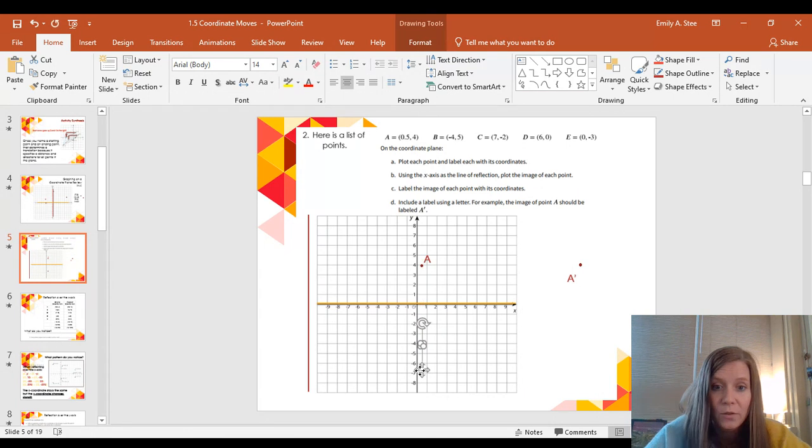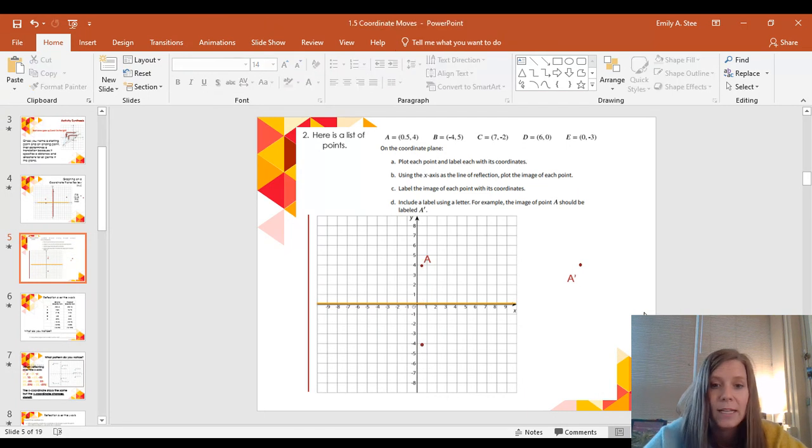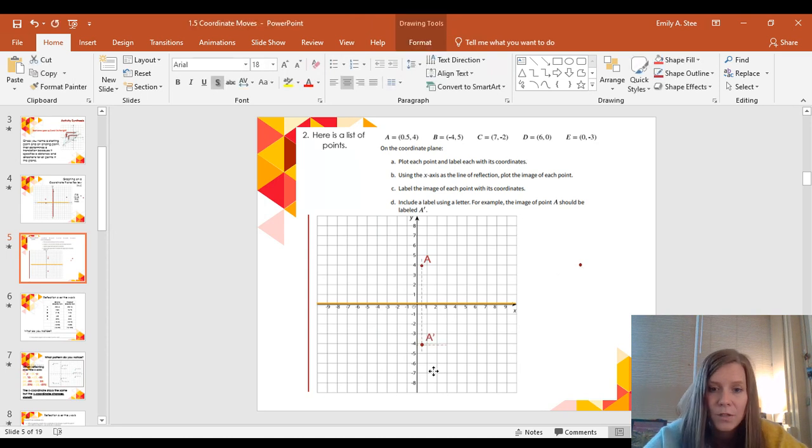So I'm going to move our point over just a little bit, and it looks like it wants me to also label the image with its coordinates. So I have A prime, and it's at 0.5, comma -4.